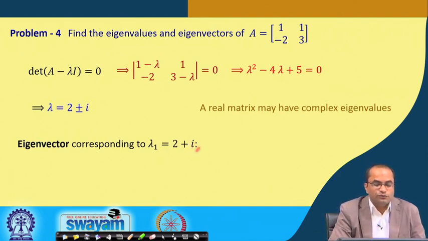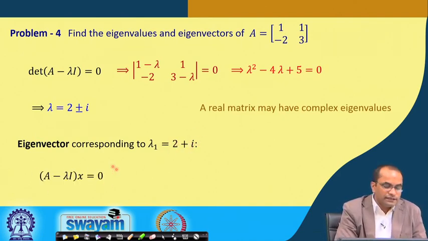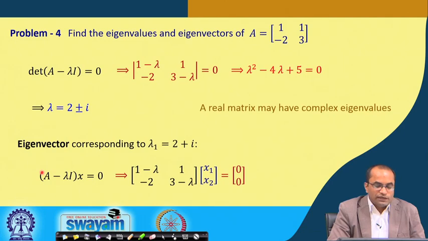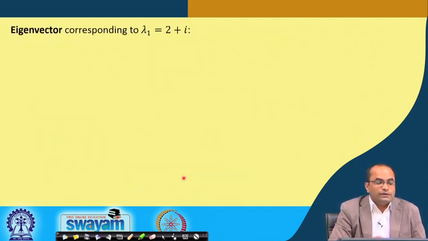So, if we take this 2 plus i and again the same system of equations, A minus lambda I times x is equal to 0, we need to solve. So, that will be 1 minus lambda, 3 minus lambda, and x1 x2 is equal to 0. Now for lambda 1, 2 plus i, we need to substitute for lambda, and what will we get?